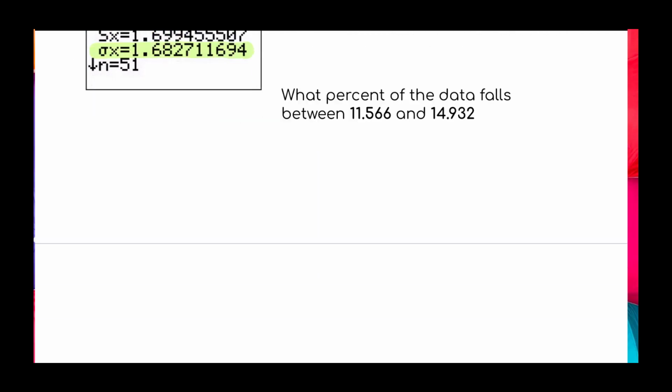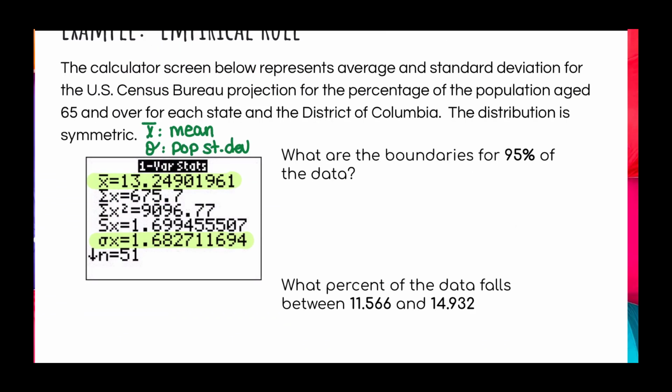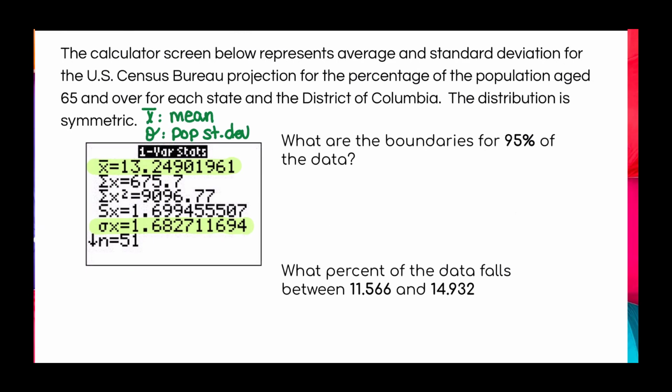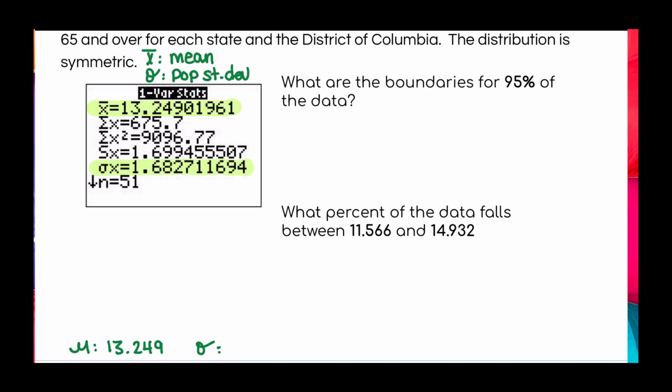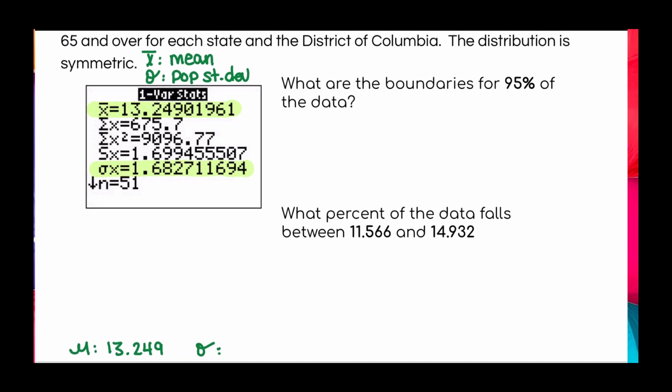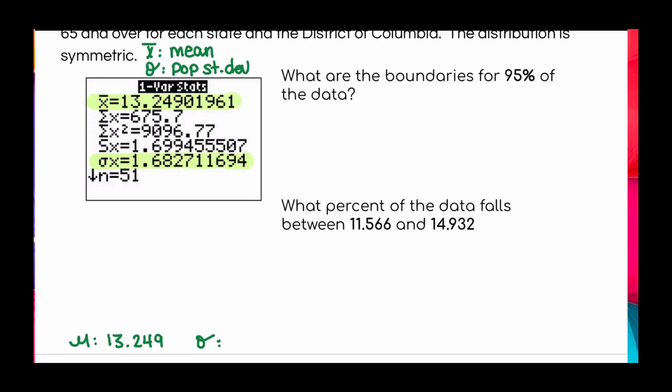So what I find helpful, I'm going to go to this blank screen and I'm going to write down what our mean was. Our mean was 13.249. Right there. And the standard deviation is 1.683.